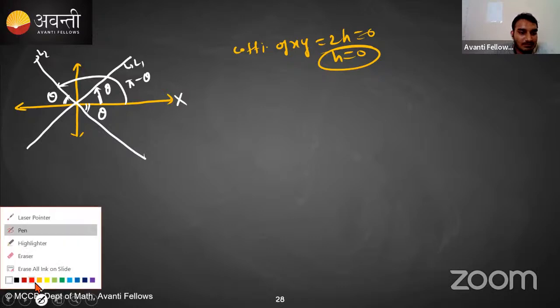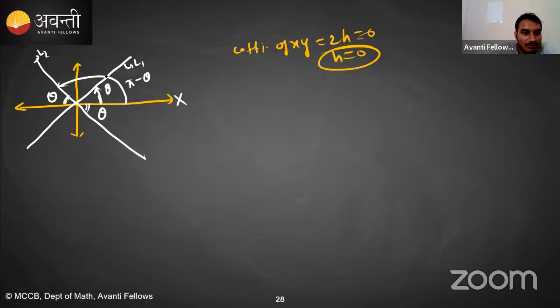Did you understand? Again, what is this angle? The whole angle is pi minus 2 theta, and this angle is 90 minus theta. Now you subtract from here, it is also 90 minus theta. So see, the y-axis is also acting as a bisector of these lines, right?